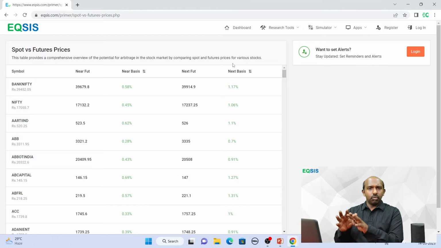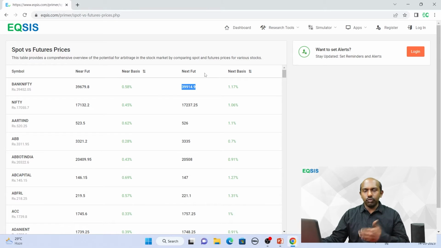This primarily focuses on any price misbehavior between the spot market and future market. Let me now limit myself to the first table, because in this table it shows a symbol name, and you will also see the spot prices. And here you see the future prices based on the near contract, and you have a future price for the next contract.